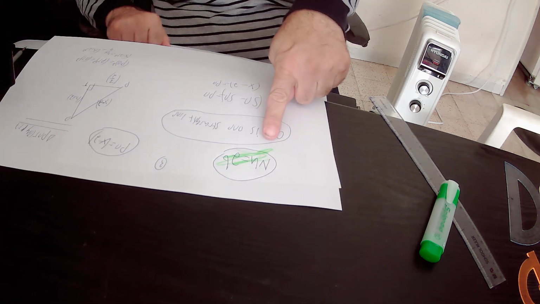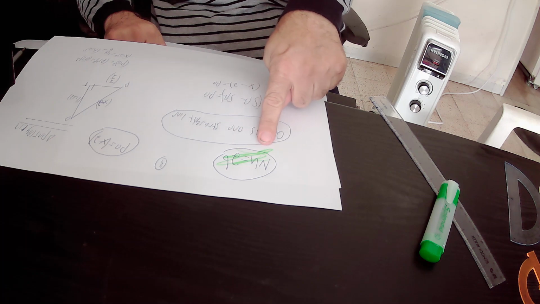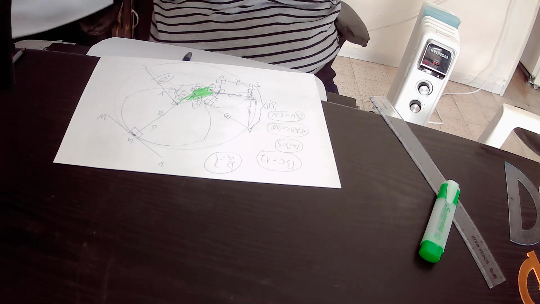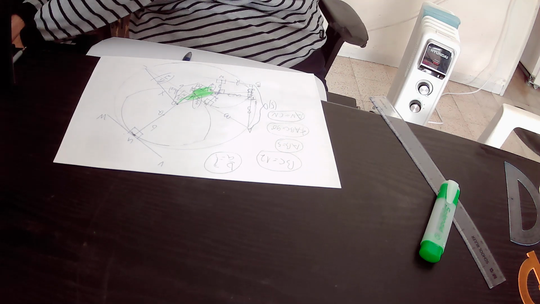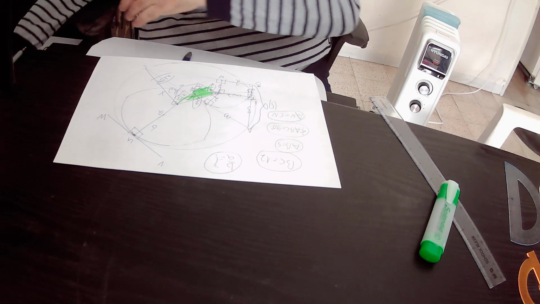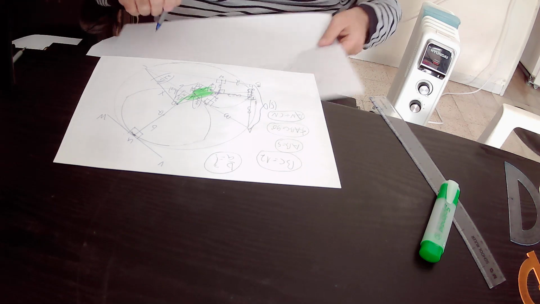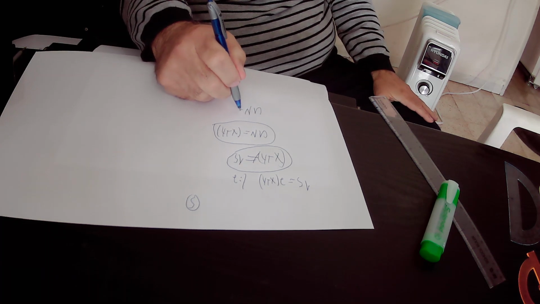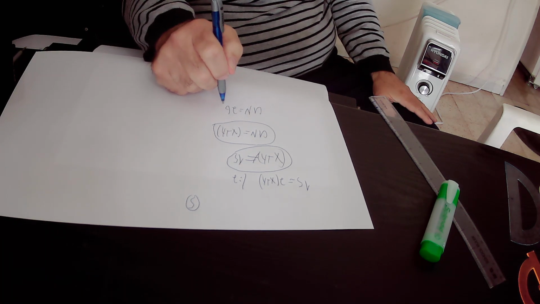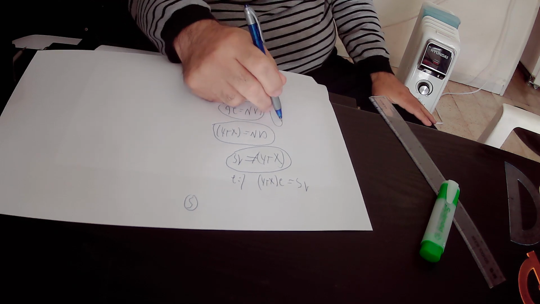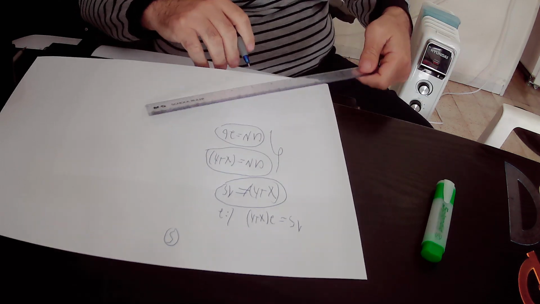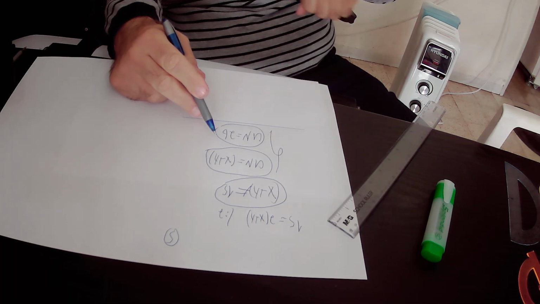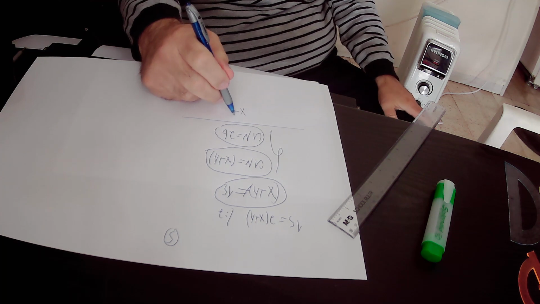So you can write down that UN equals 2b. And from those two equations, UN equals x plus h and UN equals 2b, we will derive that x plus h equals 2b.